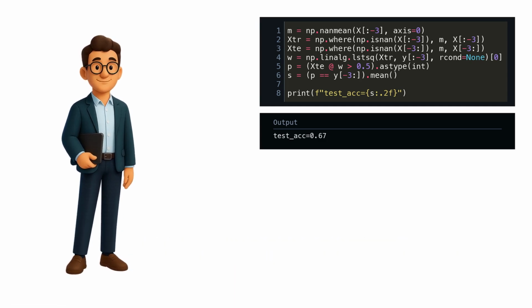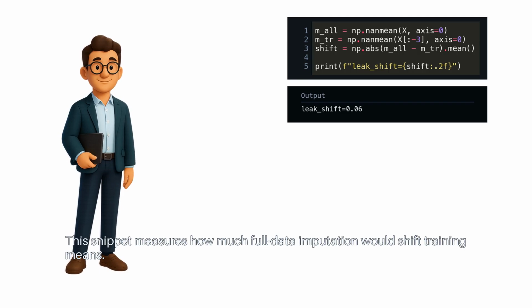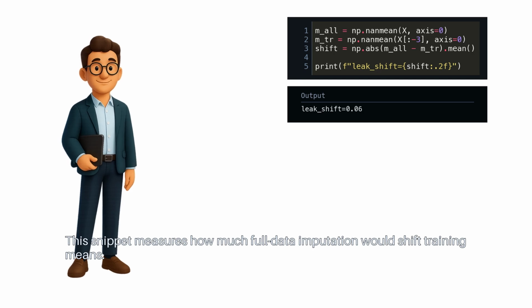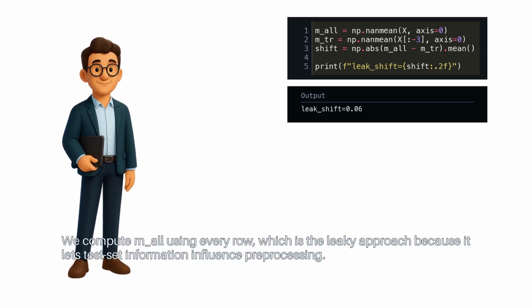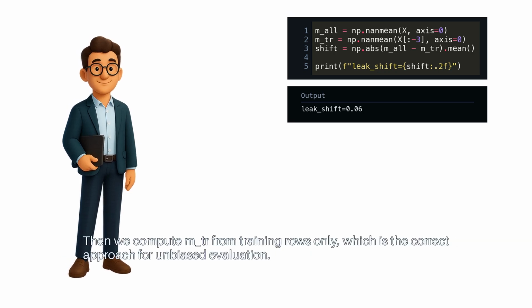Then we measure how much those training means would shift if we used the whole dataset. This snippet measures how much full data imputation would shift training means. We compute MAll using every row, which is the leaky approach because it lets test set information influence pre-processing. Then we compute MTR from training rows only, which is the correct approach for unbiased evaluation.